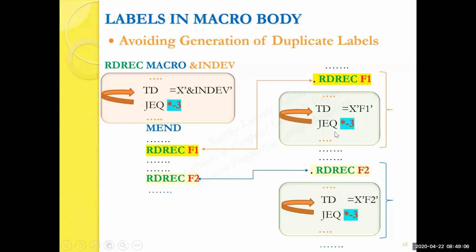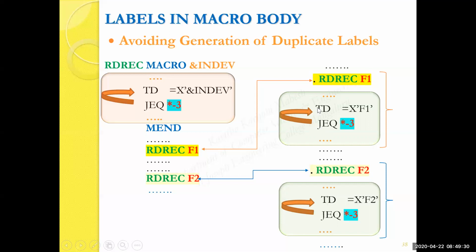So please note we have not used any labels here, and there is no dilemma regarding the branching in the case of the first set of two instructions. The JEQ star minus 3 obviously refers to the first TD instruction, and in the second case JEQ star minus 3 refers to the second TD instruction.